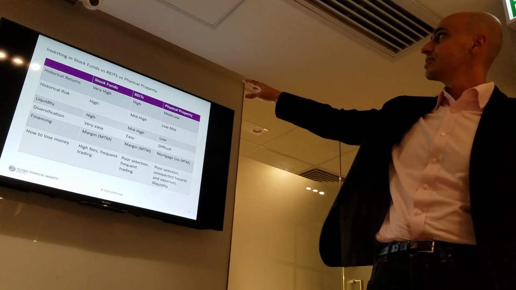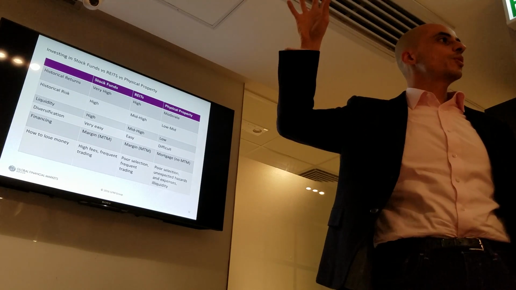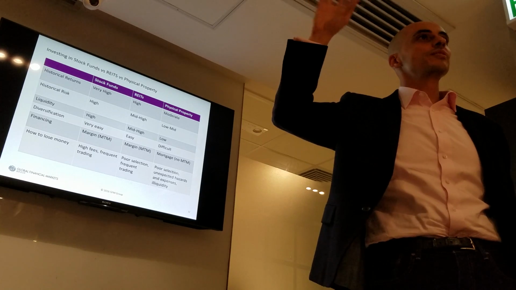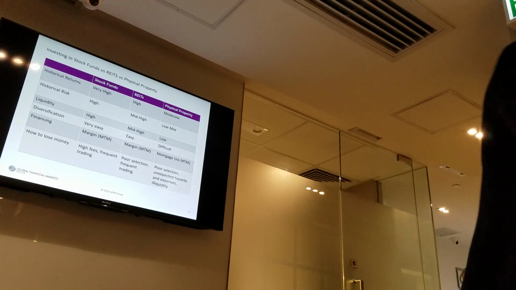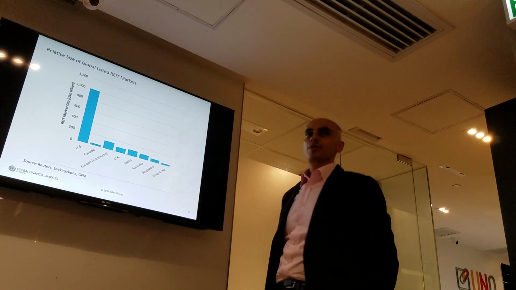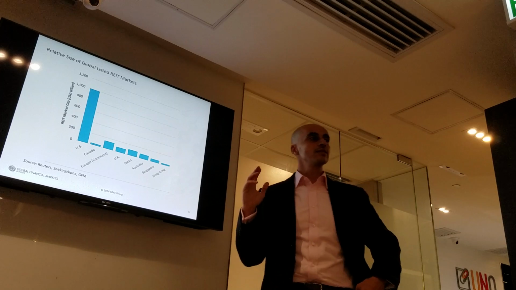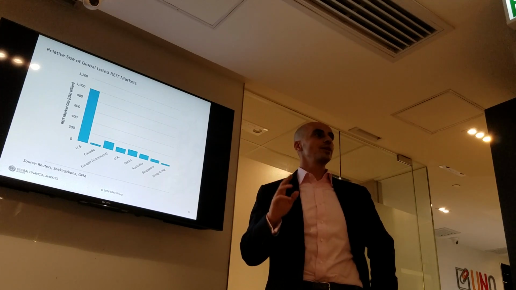So this is on the comparison between stocks, REITs, and physical property. Next, I want to give a quick picture on what the different sizes of the different REIT markets are like around the world. So it may or may not surprise any of you that unlike the global stock market or global bond markets, the US still dominates the global REIT market.